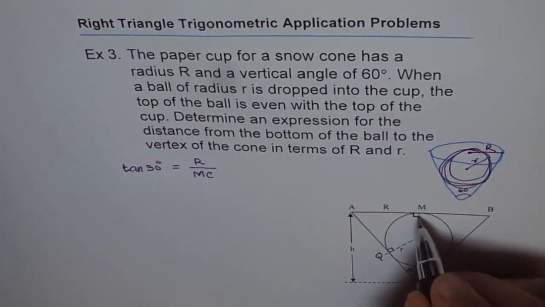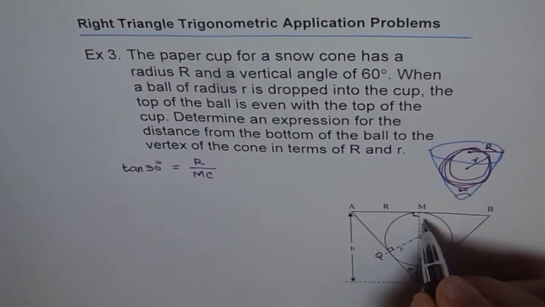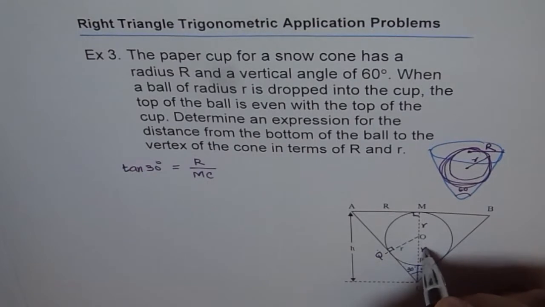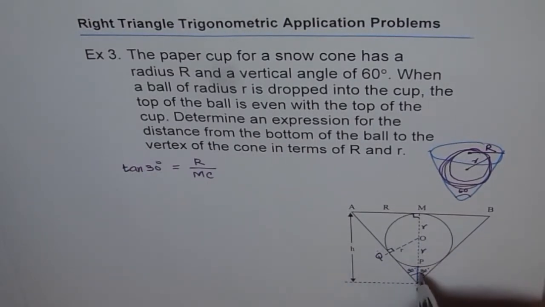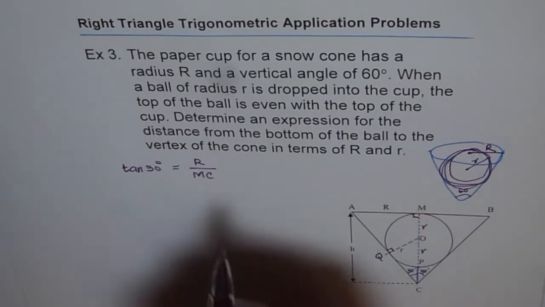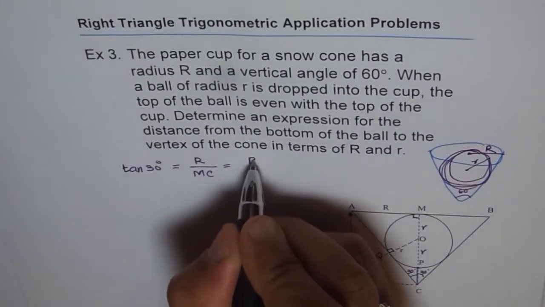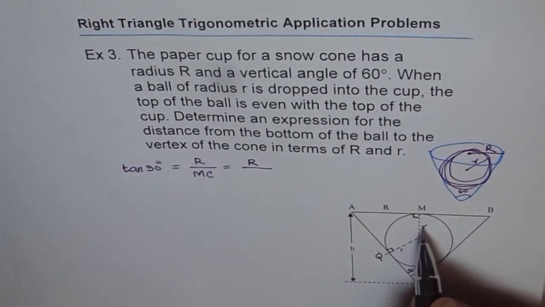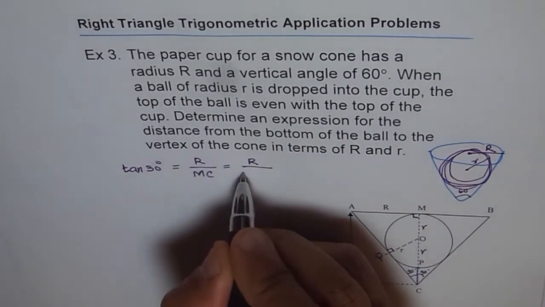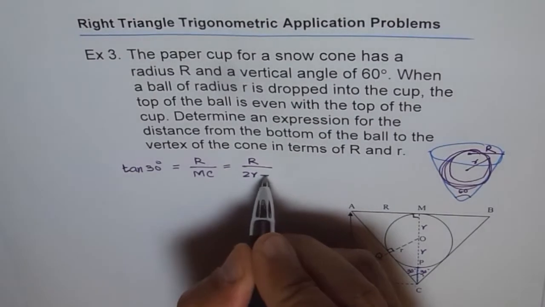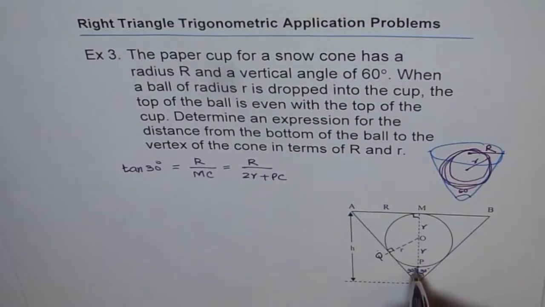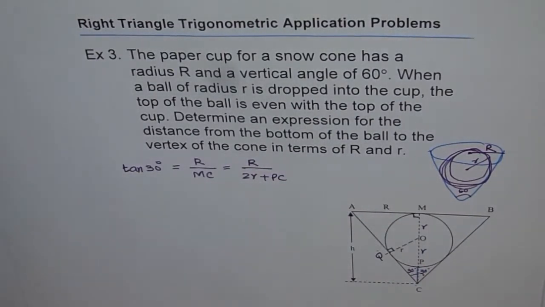From here to here we have small r, then from here to here again we have small r, so two small r's, and then PC, the distance which we want to find, correct? So we can write MC as 2r plus PC, the one which we need to find, okay?